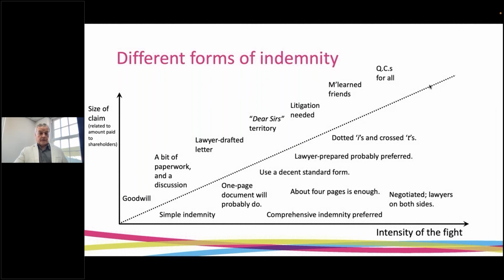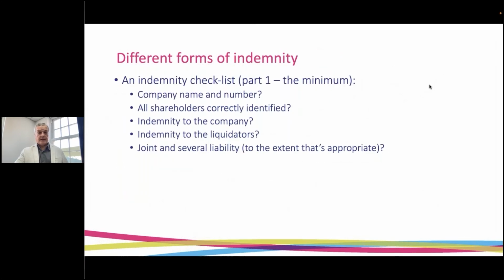Where you draw the line is of course a decision for you and your own attitude to risk, and for more sophisticated cases, I would say most cases which you can cover with a standard indemnity that doesn't actually need specific negotiation with lawyers on both sides, I would say that you can get pretty well all that you need in an indemnity into a standard document that is 4 pages long. And that's what I mean by a comprehensive and long indemnity, it's really just 4 pages.